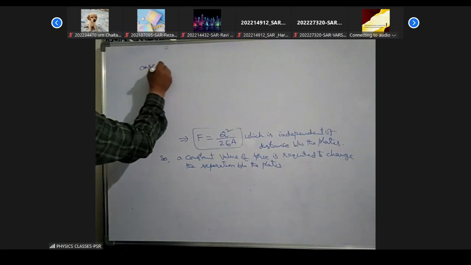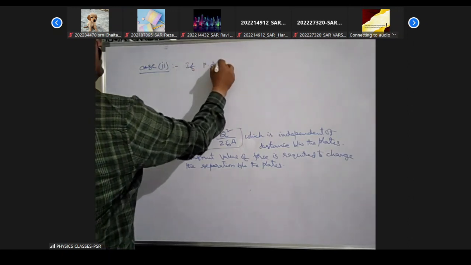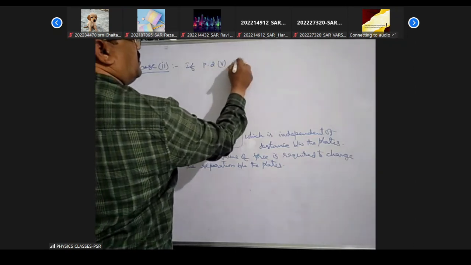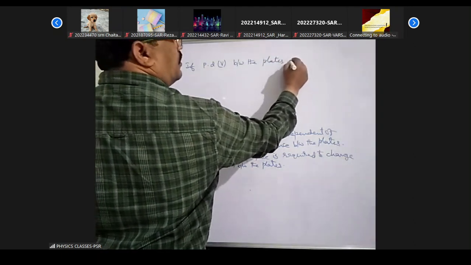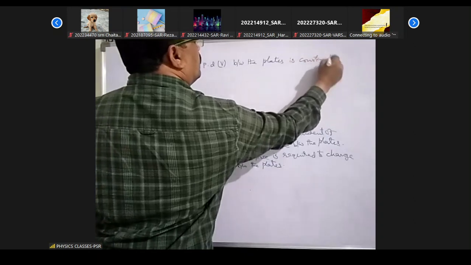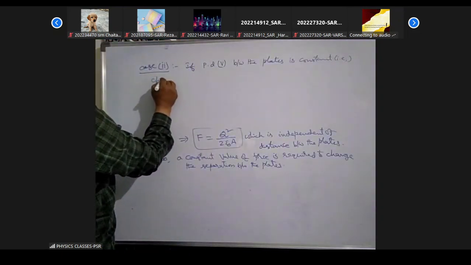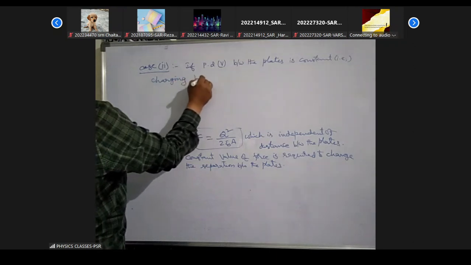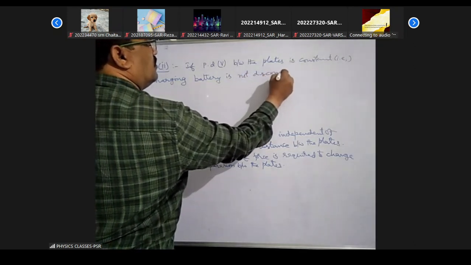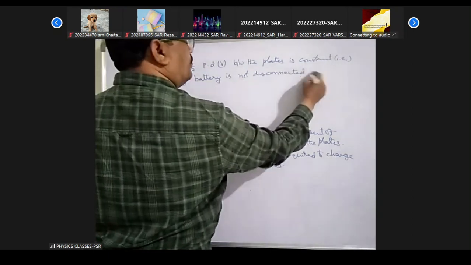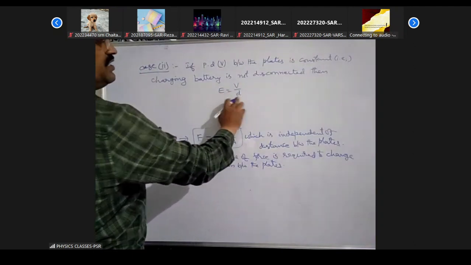Next one, case 2. If potential difference V between the plates is constant, that is, the charging battery is not disconnected, then E is equal to V by D, where D is the distance between the plates.